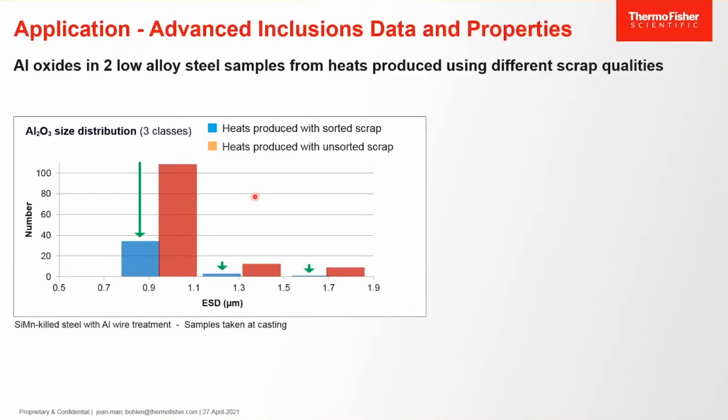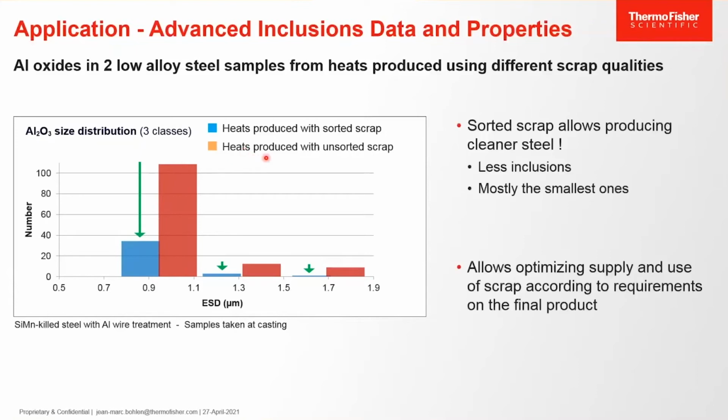As you can see on the graph, there are more inclusions monitored with the heats produced with unsorted scrap, and there are also more of the biggest inclusions. So clearly, cleaner steel is obtained with better scrap.